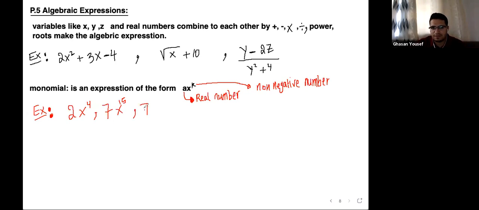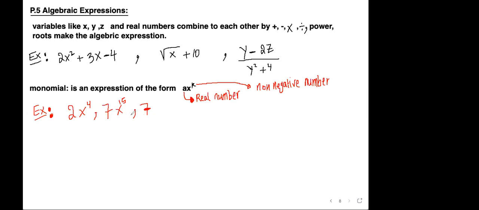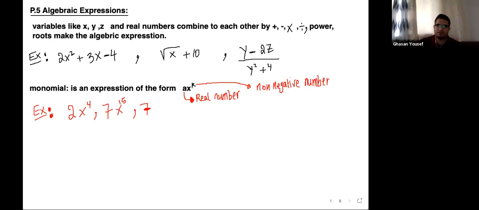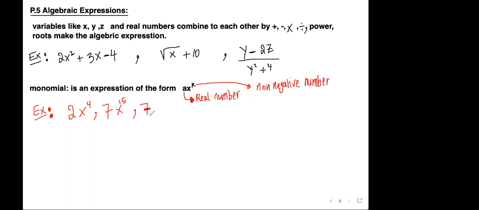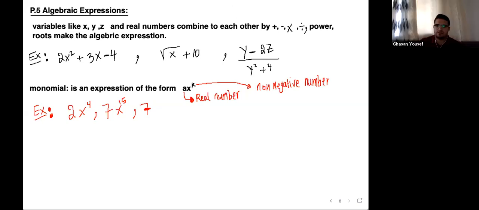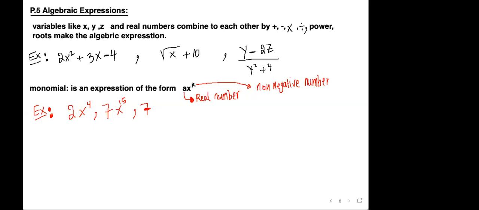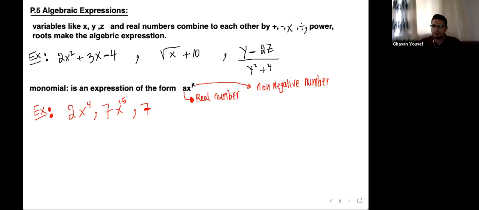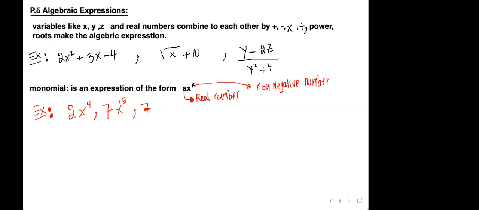What about the number 7 itself without any variable? It's a constant, but is it a monomial? Yes or no? Just raise your hand. Who said yes?